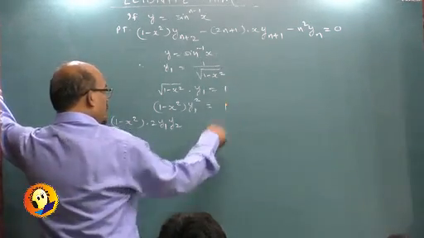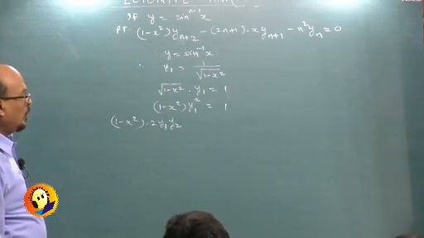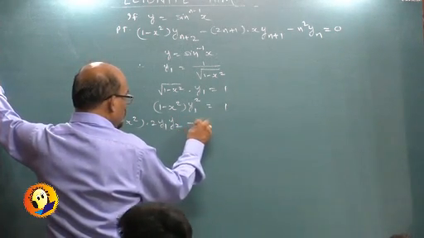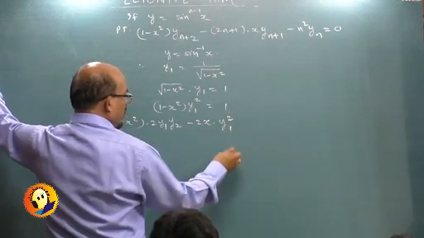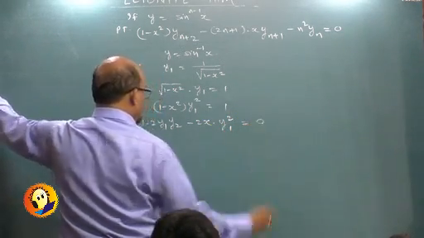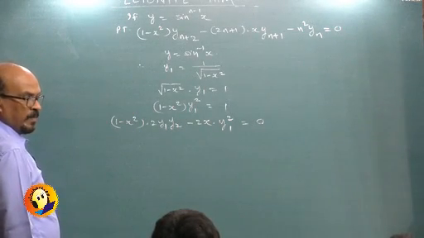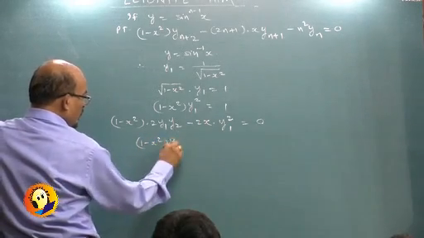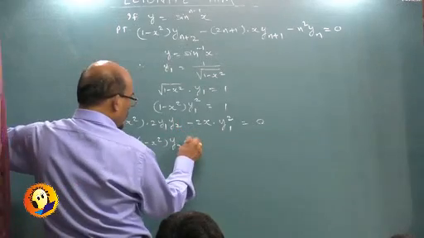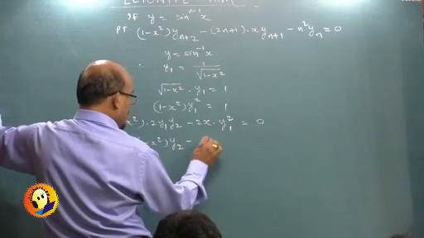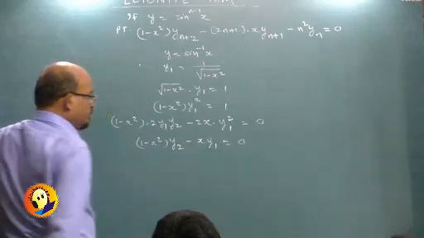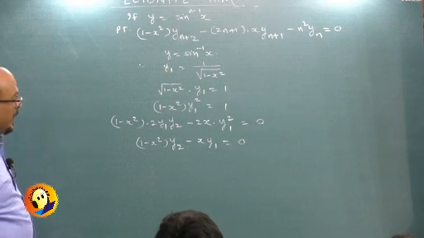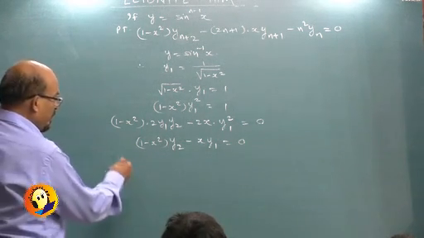Then what will be the next term? Minus 2x into y1 square is equal to 0. So we can cancel y1. Also the 2 is cancelled, so we have (1 minus x square) y2 minus x y1 equal to 0. So far so good, right? And now of this we should be taking the nth derivative.